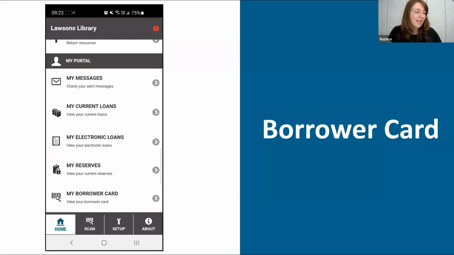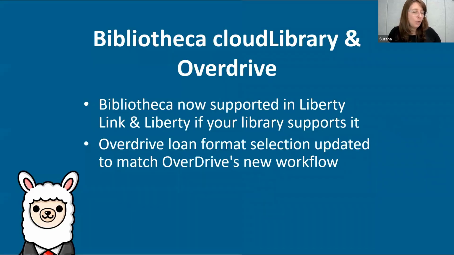All right, next up, let's have a look at some enhancements and integrations we've made to both LibertyLink and Liberty. Bibliotheca Cloud Library is now supported in both LibertyLink and Liberty where the subscription exists within the library for this service.